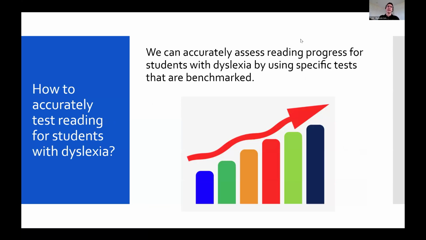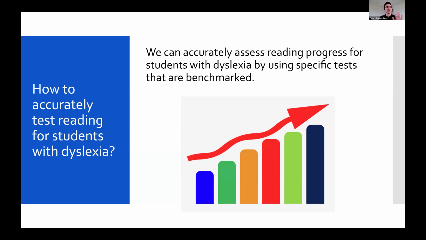Well, how do we accurately test reading for students with dyslexia? We can accurately assess reading progress for students with dyslexia by using specific tests that are benchmarked. And what that means is that they would start out having their reading assessed with the benchmark test at a certain point, and progress would be traced off of that initial benchmark test.